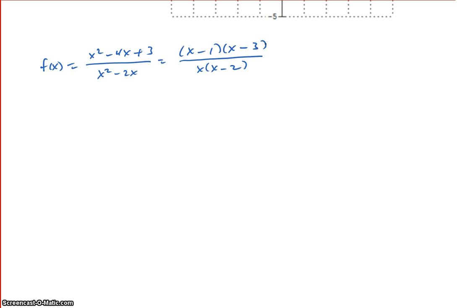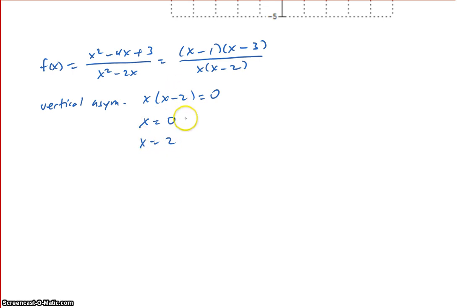In terms of vertical asymptotes, set the denominator equal to 0 and solve for x. That's easy to do. x equals 0 is one solution, and x equals 2 is a second solution.